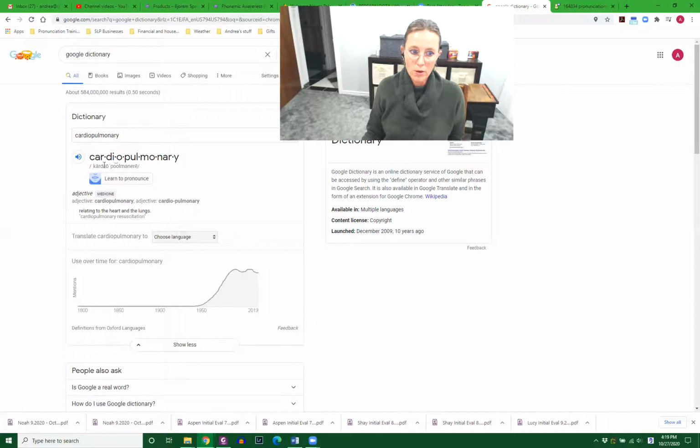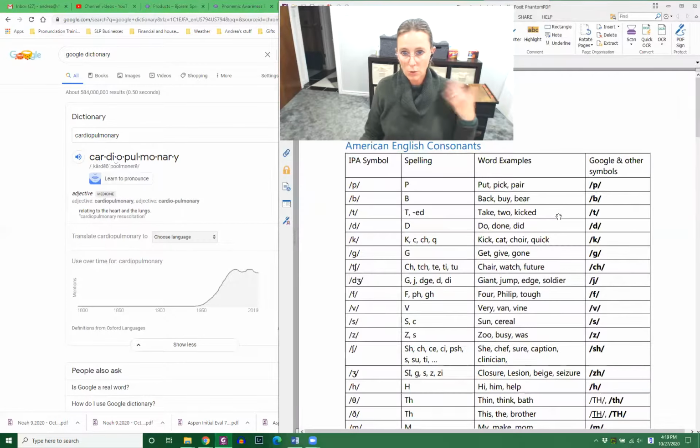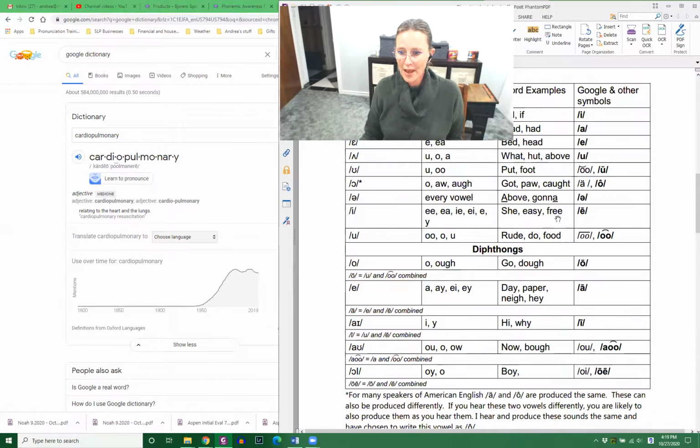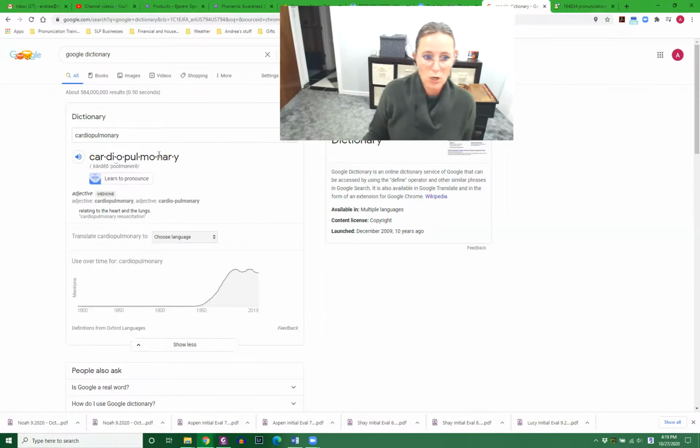When you can read the phonetic writing and you know what these sounds are, and again, I have a cheat sheet, I went over this in my Sounds of English video, it's a lot easier to go back and ask, what is that? Caw, car, aw. Cardiopulmonary. Okay, I know what those sounds are. Cardiopulmonary. Okay, sorry.